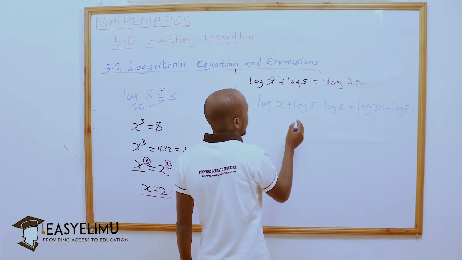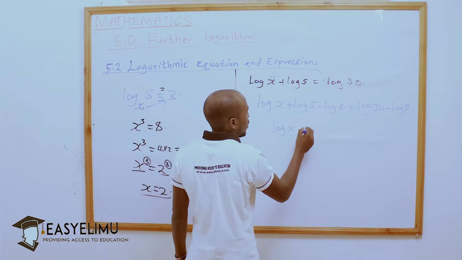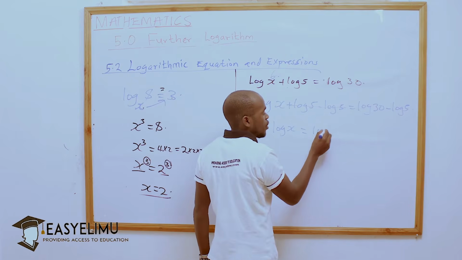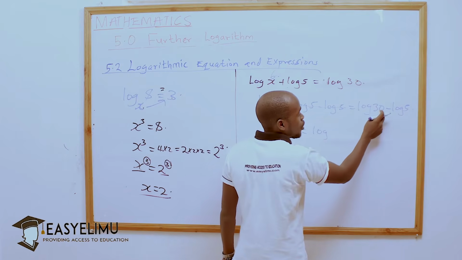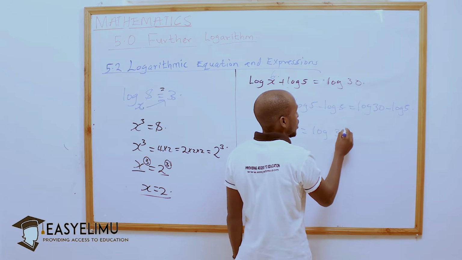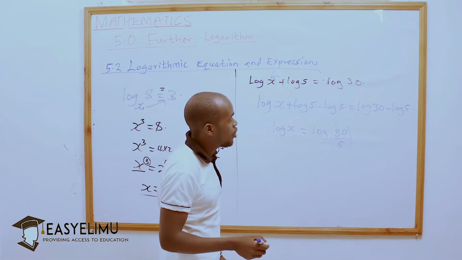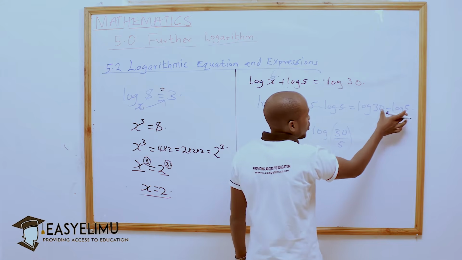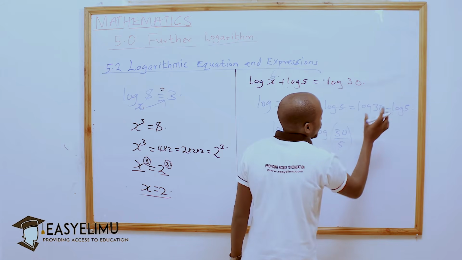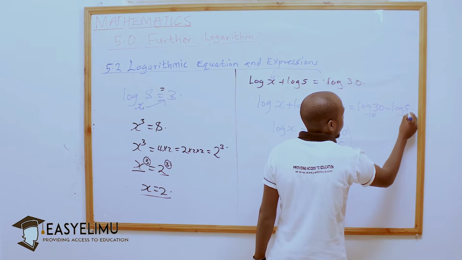That way, this one will cancel out, and you remain with log of x is equal to log of, now because it's subtraction, it means it is division. We can divide there, and we are going to divide the numbers or items which are under the log.